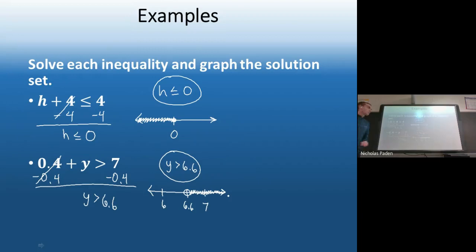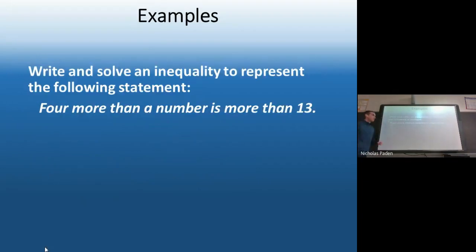All right, we're going to do one more question, and that involves writing inequalities. So writing inequalities, for right now, we're just going to focus on questions that look like this. So it says 4 more than a number is more than 13. So first thing, whenever you see a number, that will be X. And anytime you see the word is, that means equal to.